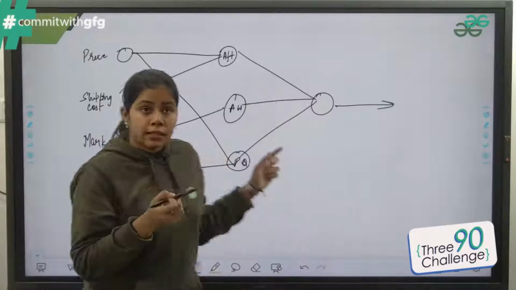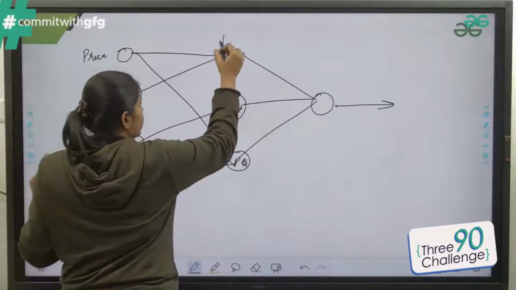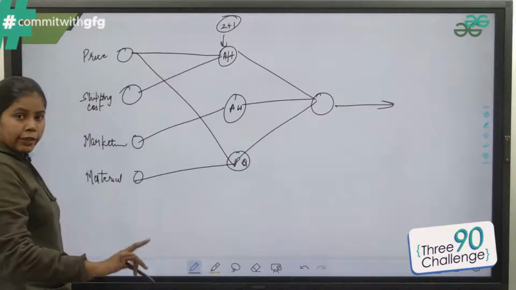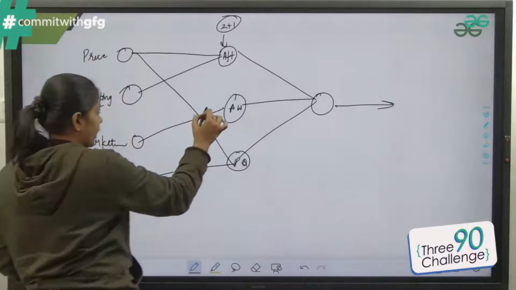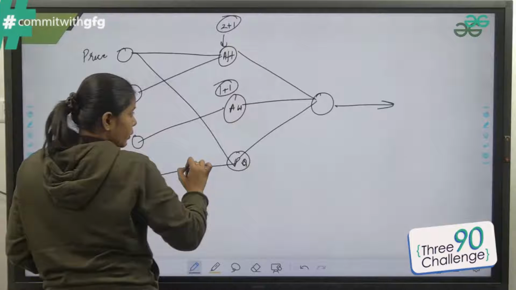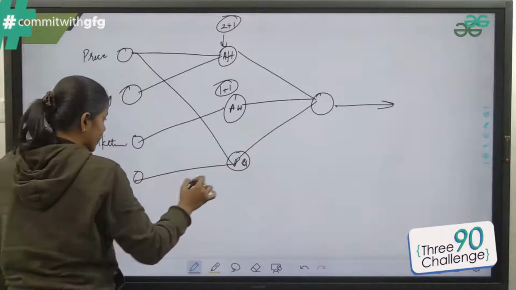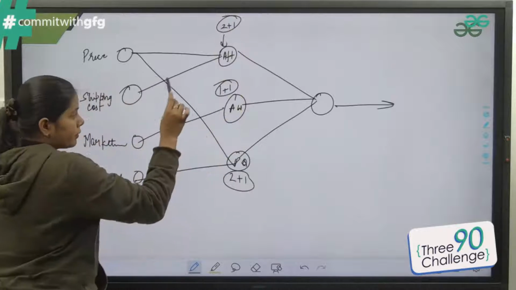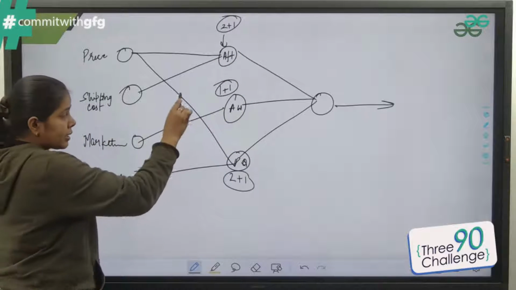First of all, I'll get 2 Wi's here and one bias. Here only one feature is coming, so 1 Wi and one bias, and here 2 plus 1, right? So in this layer I'll have 3 plus 3 is 6, 7, 8.